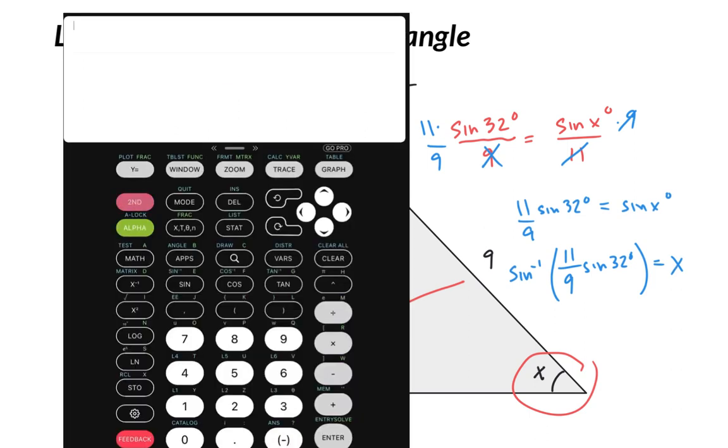All right, so you have to hit the second button and then sine. So you have inverse sine, and then I'm going to type in the rest, the 11 divided by 9 times the sine of 32, and hit enter. And there we are, 40.37, depending on how many decimals you want to round to, but 40.4 degrees.